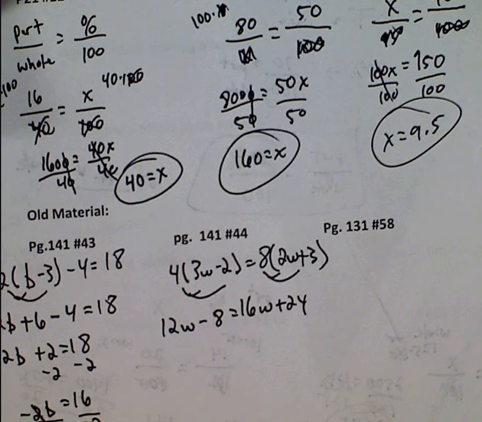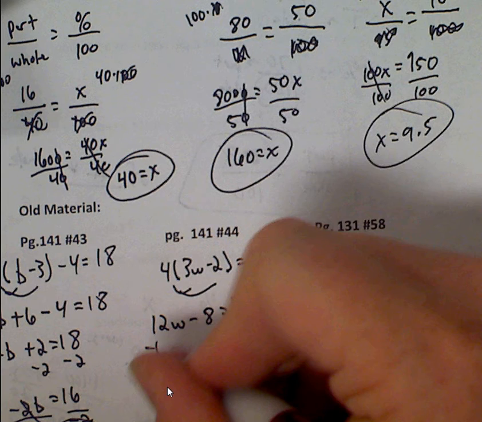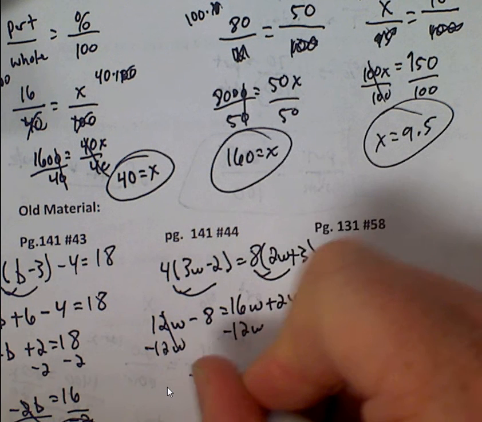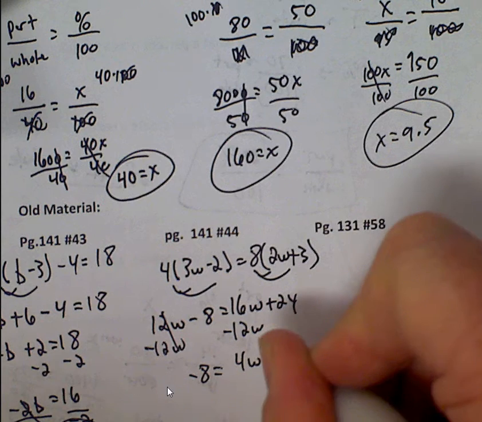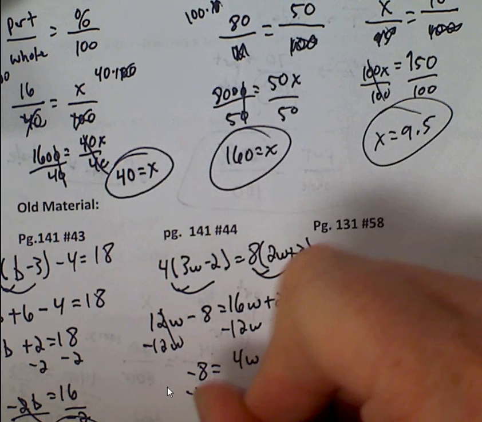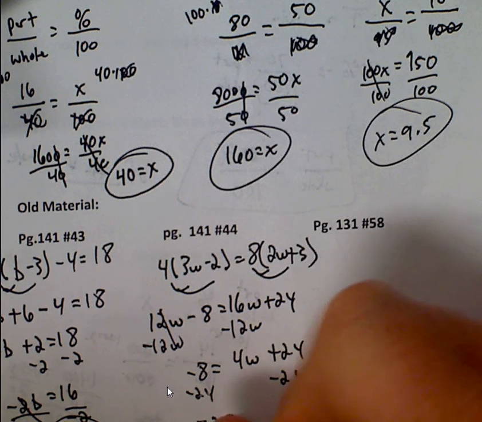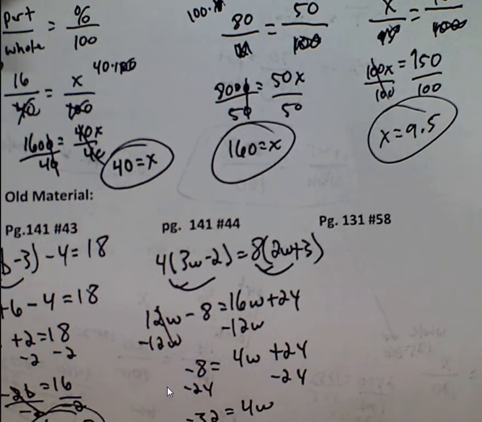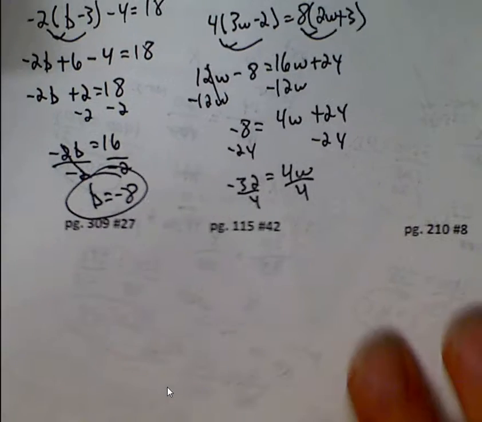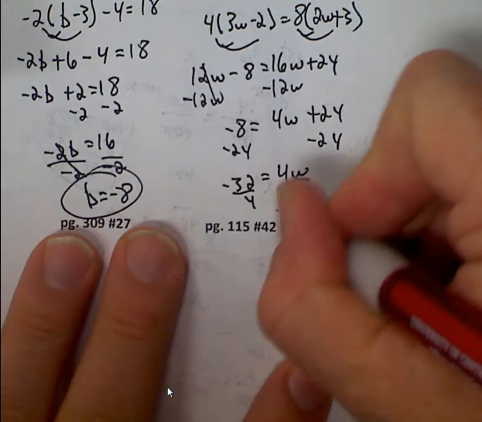I need to get my variables to the same side. I'm going to actually go ahead and bring my 12w over. So I have -8 equals 4w plus 24. I'm going to bring my minus 24 over. That's -32 equals 4w. Divide by 4, divide by 4. So w has to equal -8.